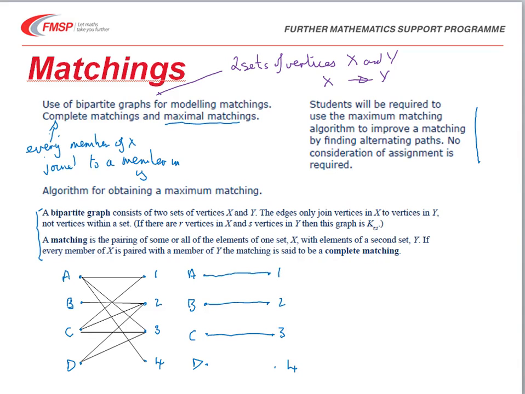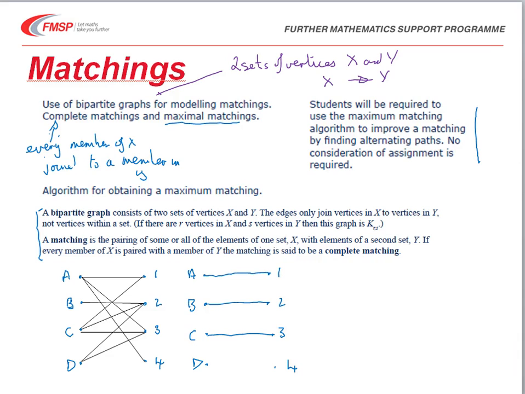In this case, we're trying to find a path which starts at D and ends at 4. The path has to alternate arcs which are not in M at the moment, so not in the matching, with ones which are in the matching.